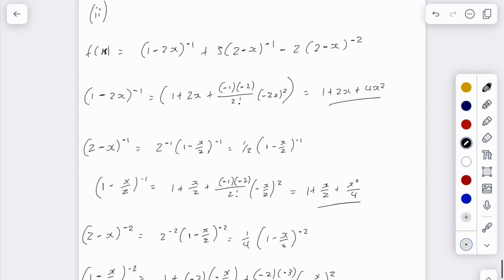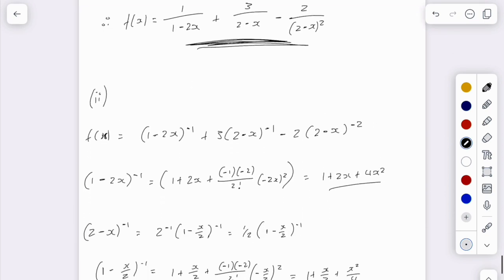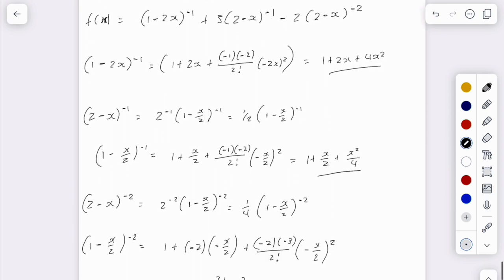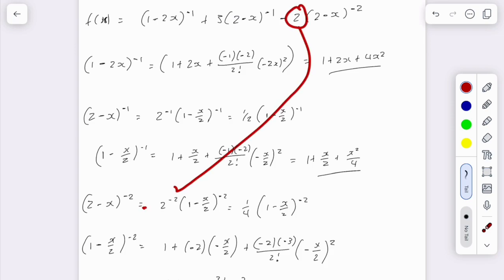Cool. And minus 2 there. So remember, for this part here, we've got minus 2 on the outside. So it's the same thing, so minus 2 times this, which is going to give me minus a half. Okay?